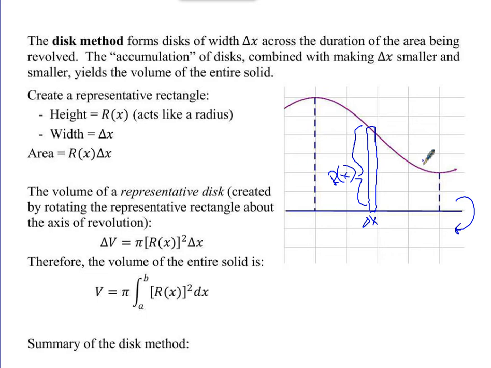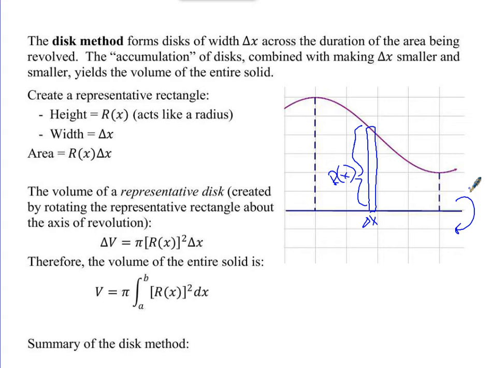Okay. I'm following for the first time. Good. So now the area of a rectangle, of course, is the height times the width, right? So the height is R of X times the width, which is delta X. So then the volume of the representative disk that we will create by rotating this thing around this axis of revolution right here is found by doing volume equals pi r squared h, right?